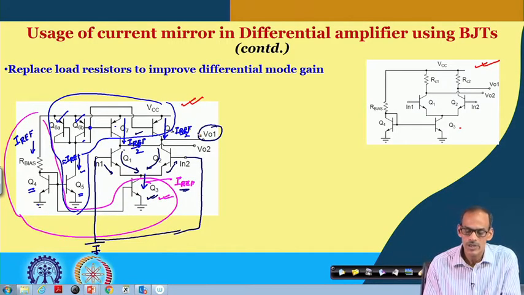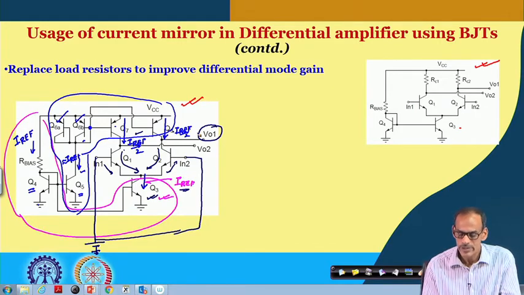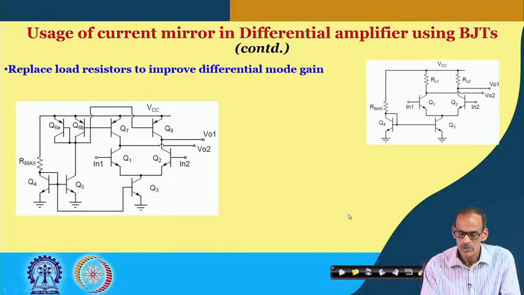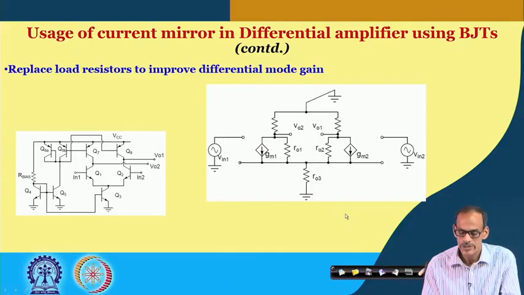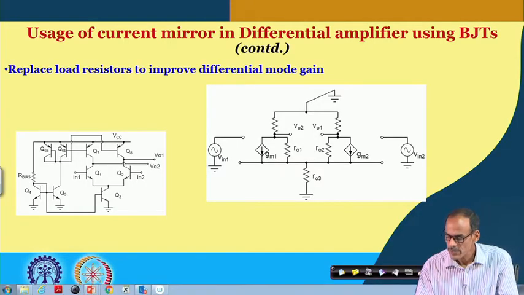Now, similar to the common mode gain, for differential mode gain we can draw the small signal equivalent circuit, and then analyze the circuit to get the differential mode gain. So, in the next slide we have the corresponding small signal equivalent circuit.